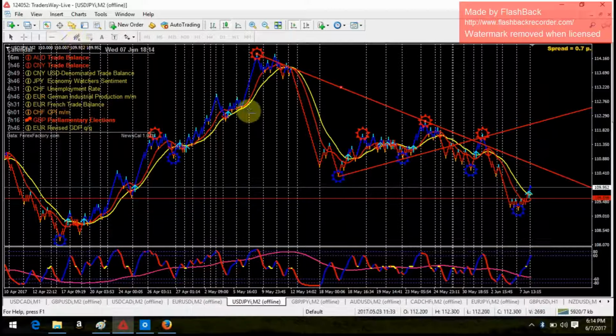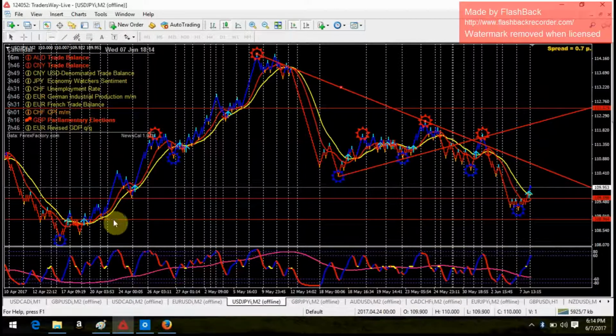Same with this area right here. So I can expect something to happen at these areas. The next one is right here.